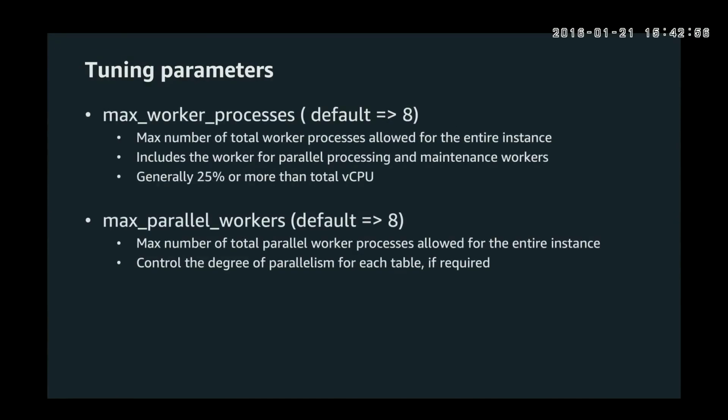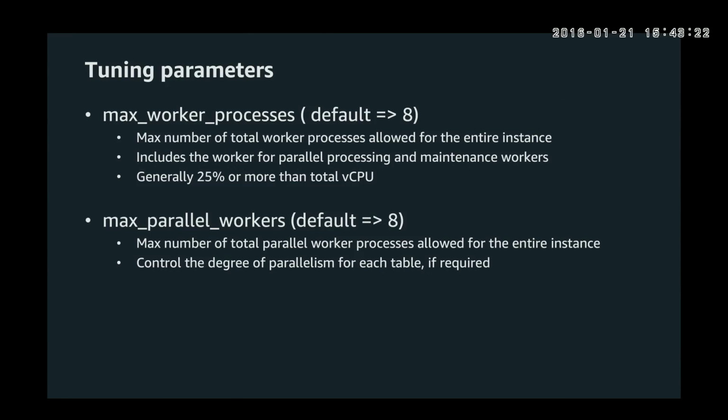These two parameters work hand in hand. The max worker processes is an all-encompassing number, which is the maximum number of worker processes allowed for the entire instance. This includes the parallel worker processes as well as the workers that maintenance processes require, right? So that is like the global cap. And max parallel workers is the maximum number of parallel workers allowed for the entire instance.